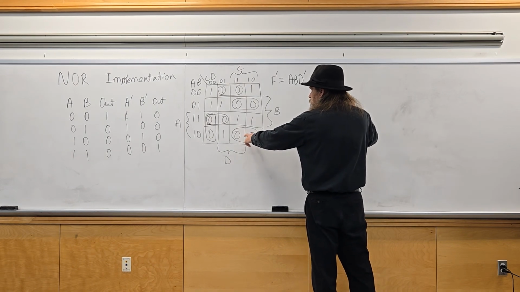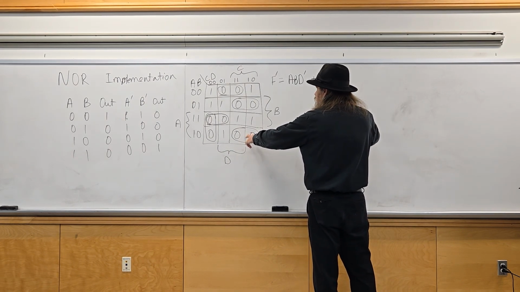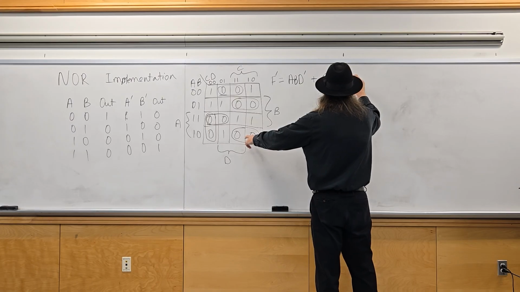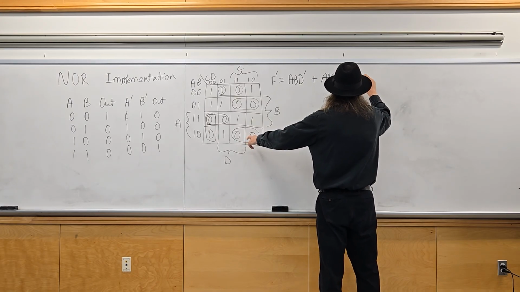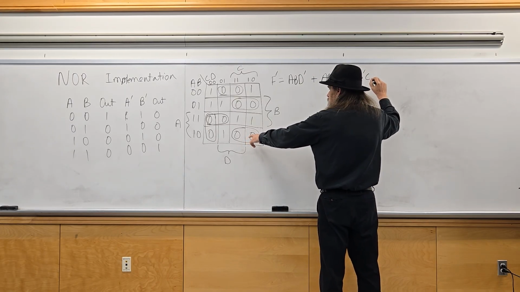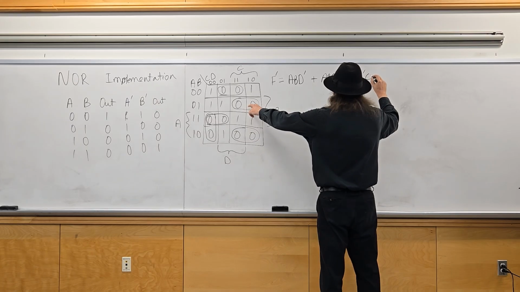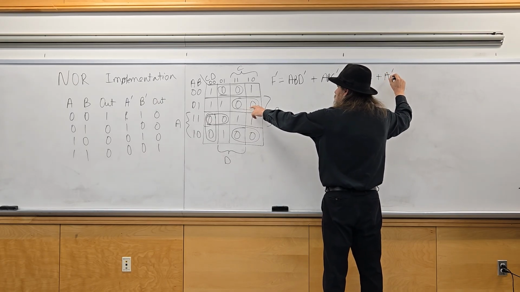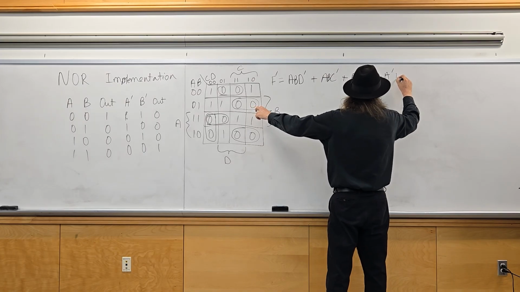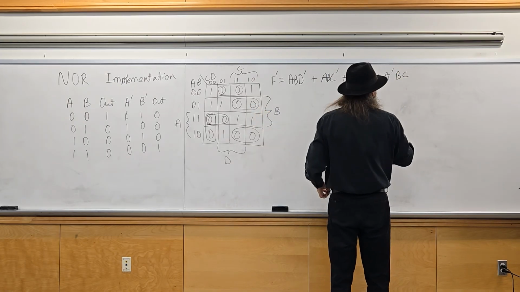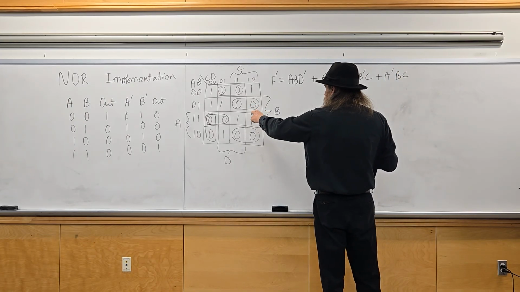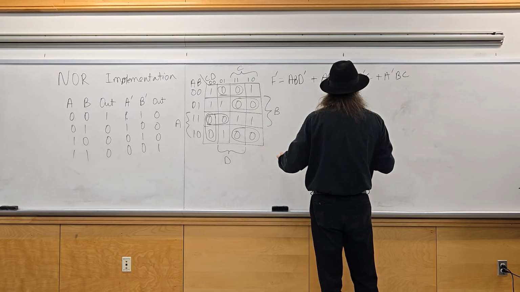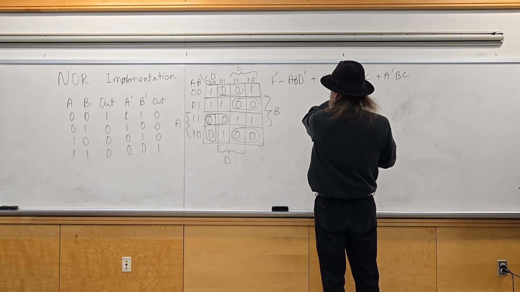You got A, not B, C. Not A, B, C. And then, let's see here, 1, 2, 3, 4.